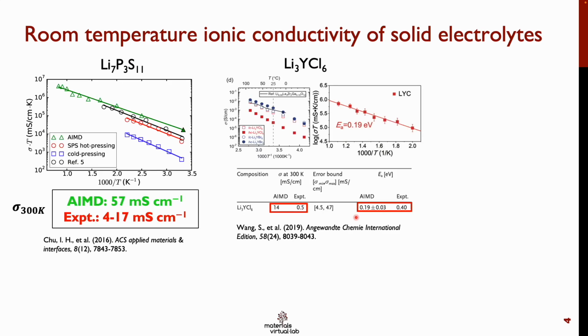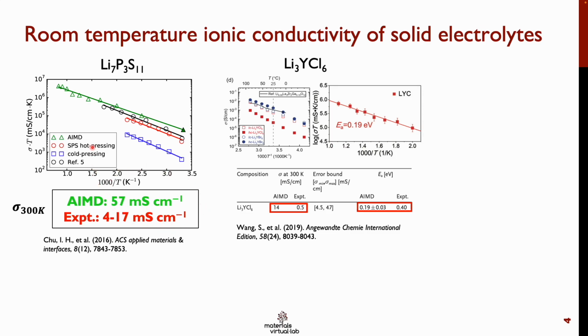So here I show you some previous results on two well-known solid electrolytes, the Li7P3S11 glass ceramic material, and also the Li3YCl6 solid electrolyte. For these two materials, we can see a common gap between the AIMD result and the experimental result: the AIMD simulated room temperature ionic conductivity is a lot higher than the experimentally measured results.